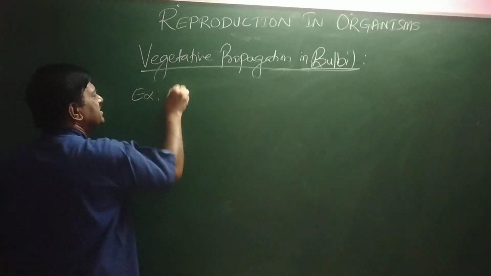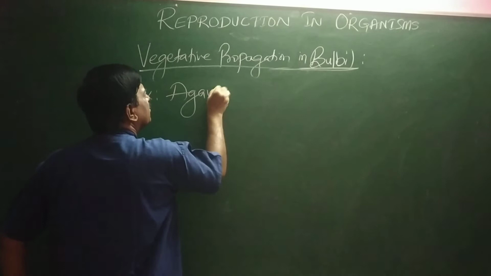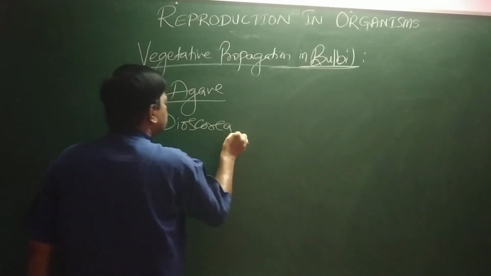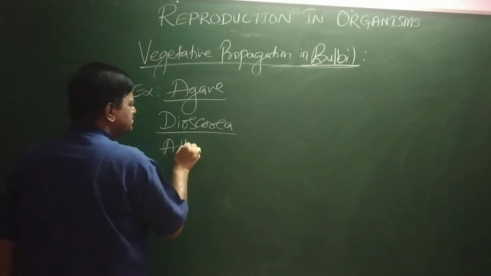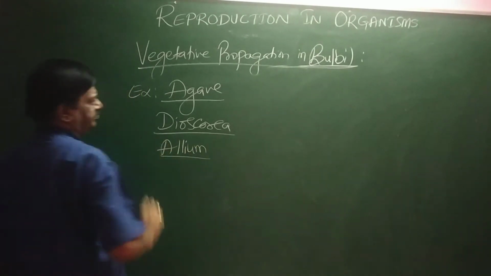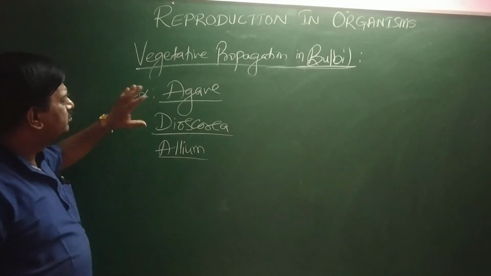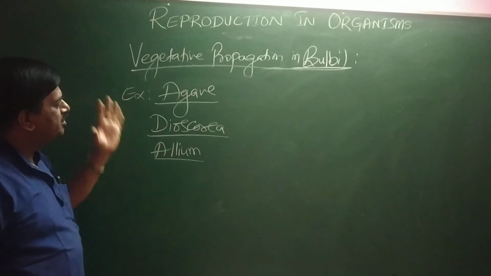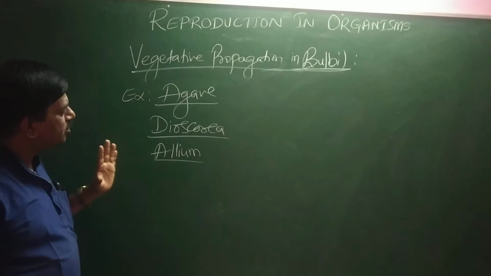Examples for this are again Dioscorea, and even Allium. I have already told you Allium comes under underground stem modifications also.